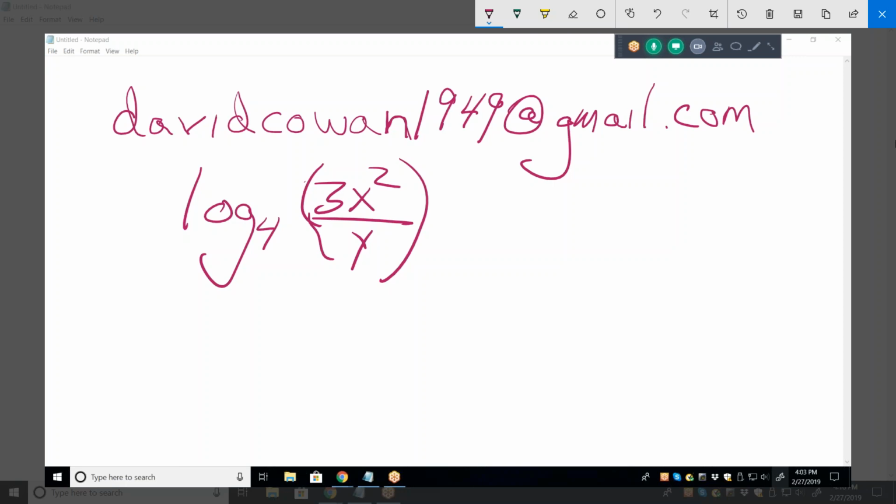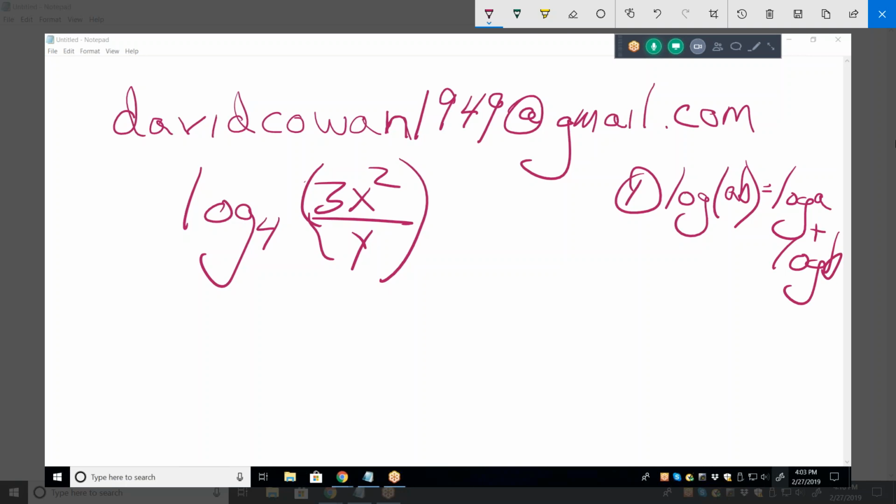Okay. Are you good with the 3 primary rules of logs? We were never given 3 primary rules. Well, here's what my primary rules are. That's number 1.